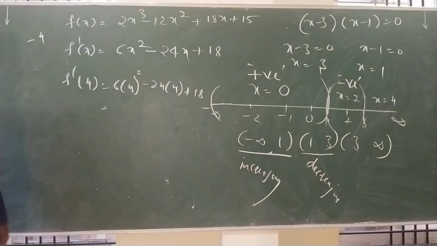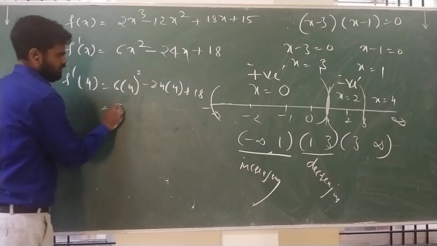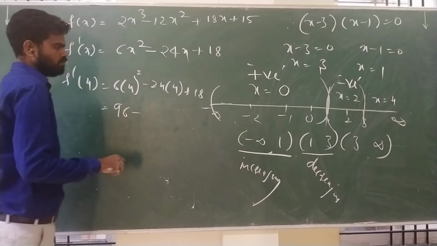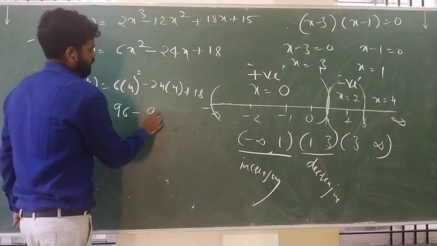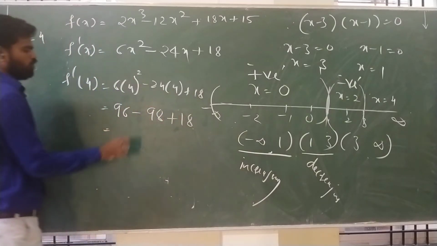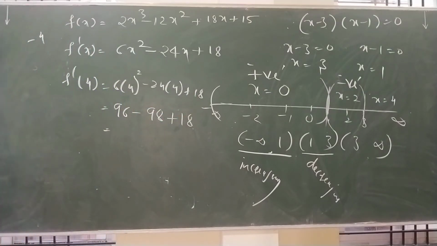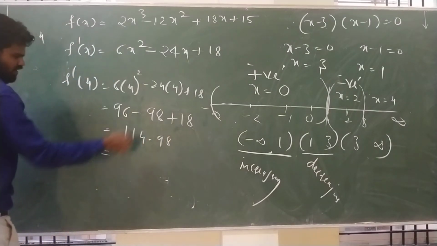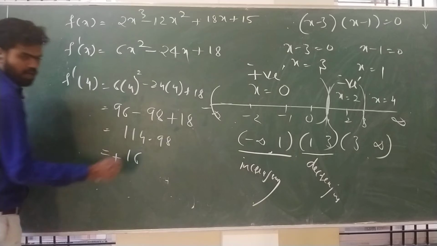So 4 square is 16. 16 into 6 becomes 96. Next 24 into 4 is 96. Therefore 96 plus 18, 114 minus 96. It is the 18, the positive value.